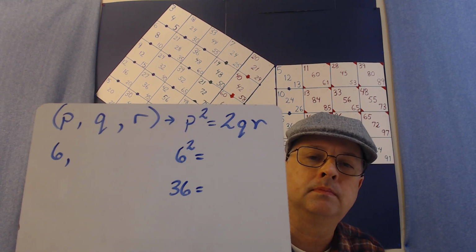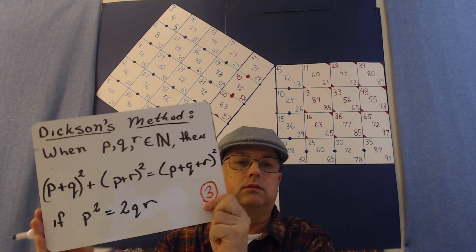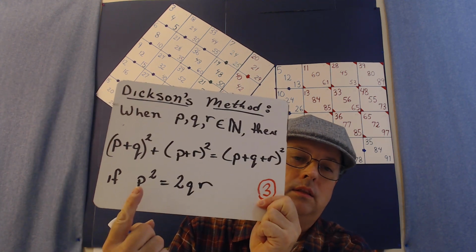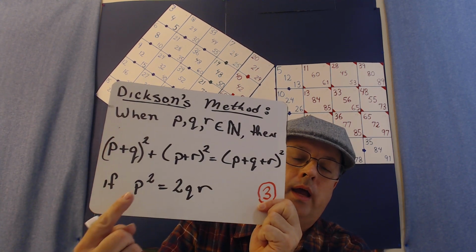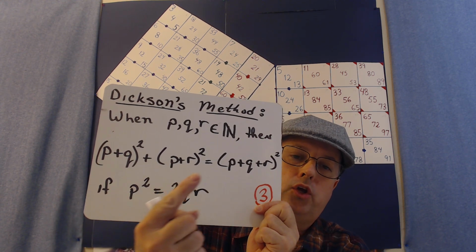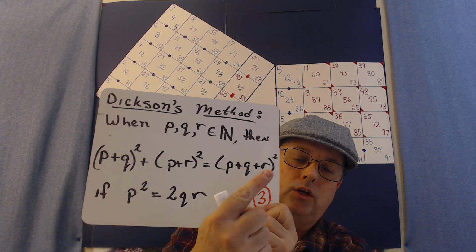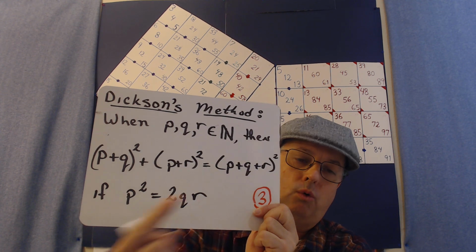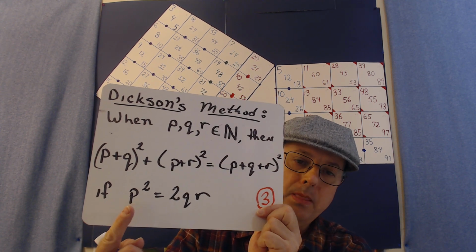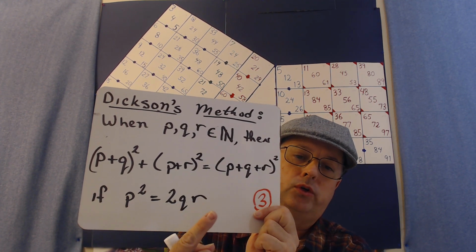Okay? And then the condition on Dickson's method is that when you pick a P, Q, and R for this arrangement, it is only true when P squared equals 2QR.